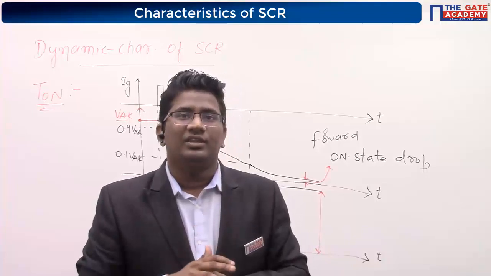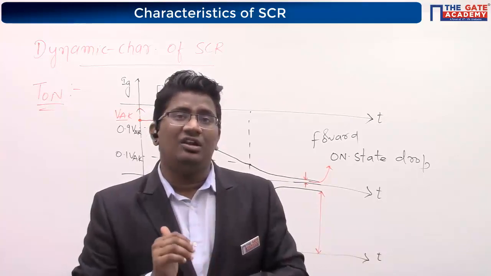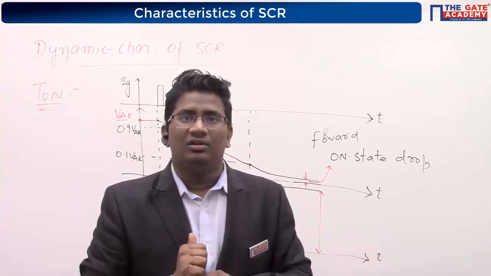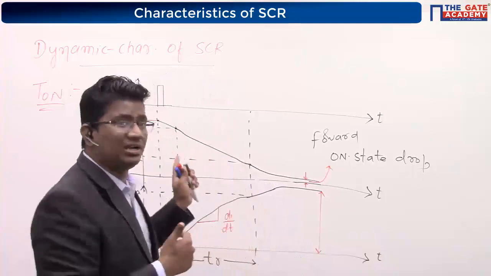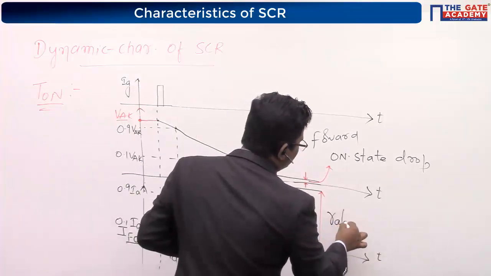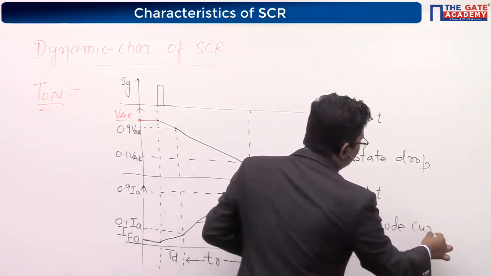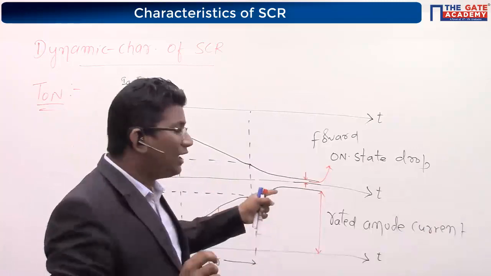You tell me, Shubham. But this is in forward bias, na? This is your rated anode current.